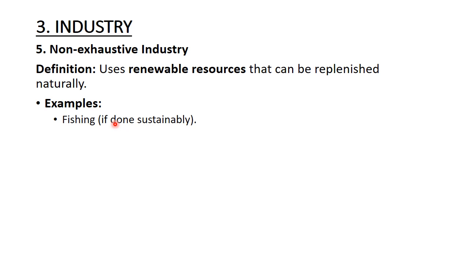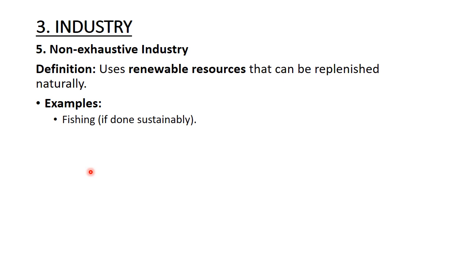Okay, meaning that if you control it, you cannot finish the fish. Okay, but once you get the fish, if you don't control it, you can end up finishing the fish. Then in that case, if it's not sustainable, it will become exhaustive, meaning that you can end up finishing the fish. So in Zambia, there's a period where they ban fishing.